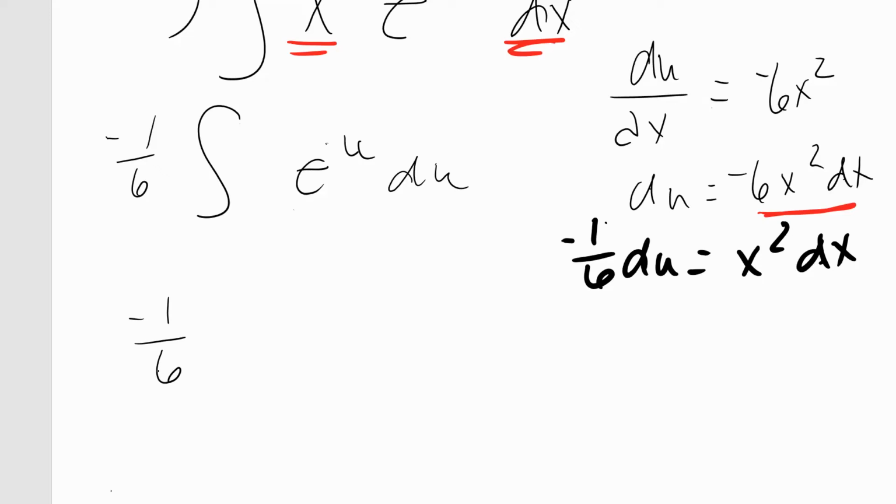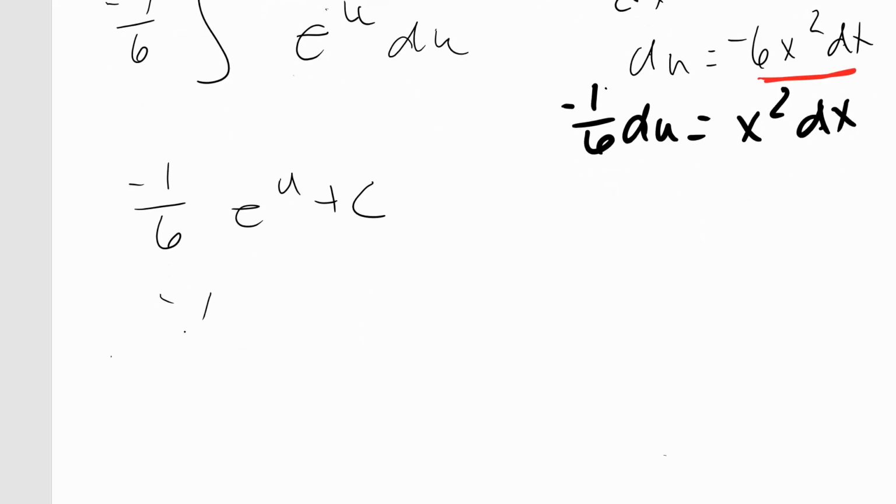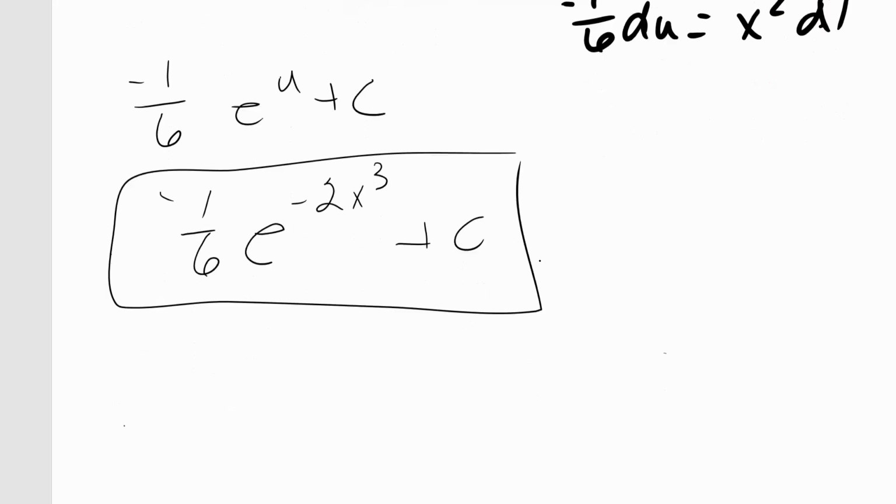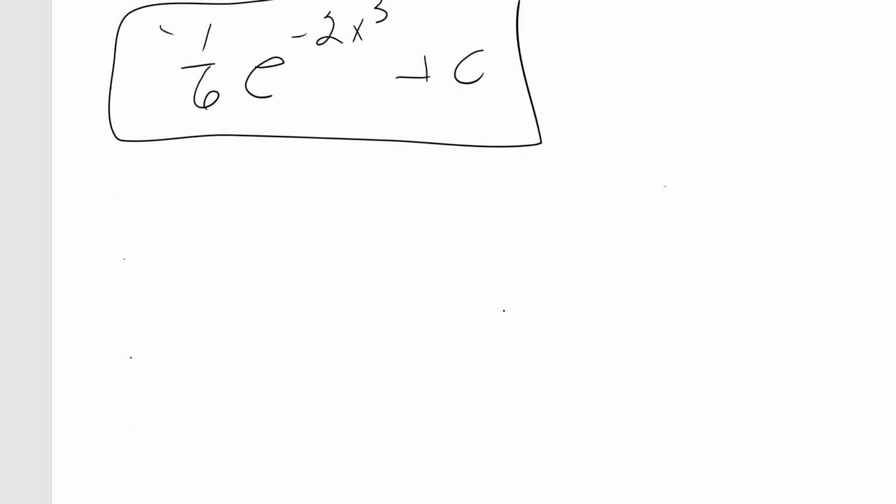Leave the constant out front. The integral of e to the u du is e to the u plus c. So plug everything back in, and I get negative 1/6 e to the u. Well, u was negative 2x cubed, plus c. And we're done.